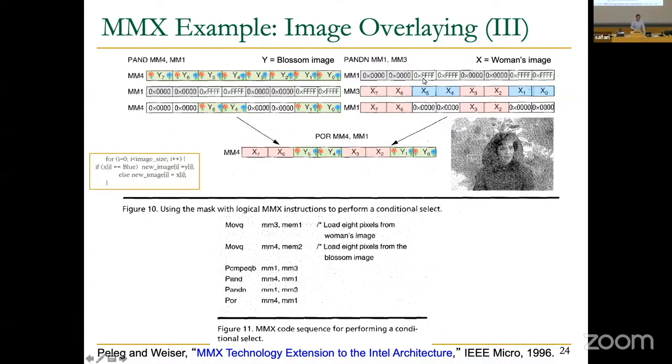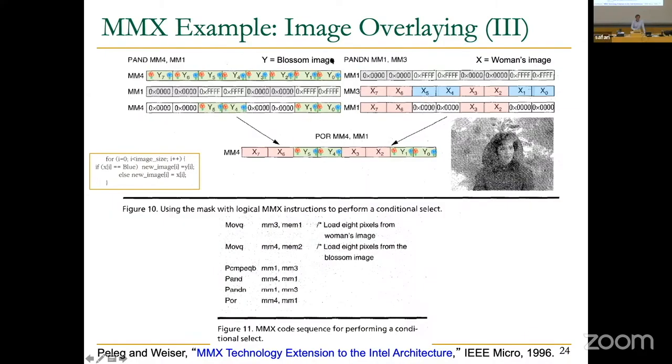And then you take the original image and AND NOT it with the mask, because you need to pass the pixels from the original image, which are marked in red over here. So if the mask is 1, the result is 0. If the mask is 0, you pass the original image pixels. That's why this is AND NOT. Okay, and then you basically OR these 2 things.